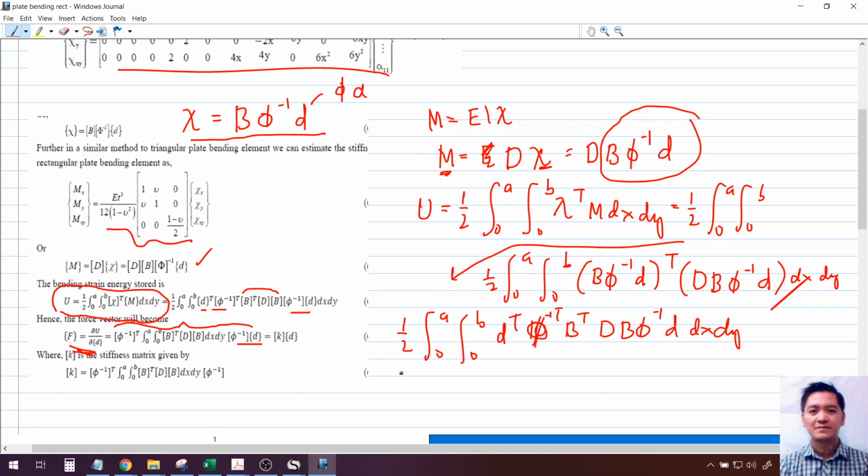So, mawawala lang. So, F equal to, mawawala ito, cross out to. This is U. If dU/dD, so mawawala to, 1/2, 0 to A, 0 to B, phi inverse transpose, B transpose, D, B, phi inverse D, dx dy.